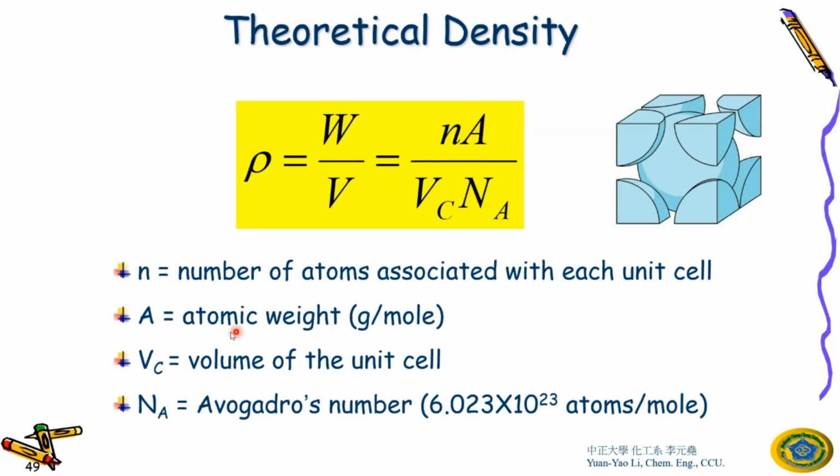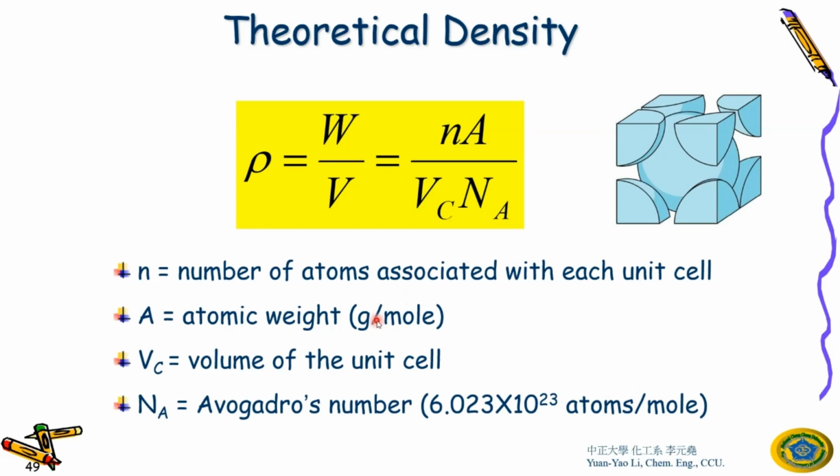And how about this one? What is A? A is atomic weight. The definition of atomic weight is how many grams per mole, right? And then what is N? N is the Avogadro number, which is the number of atoms in 1 mole. So if you use the atomic weight divided by the Avogadro number, that means what? You know how many grams per atom, right?